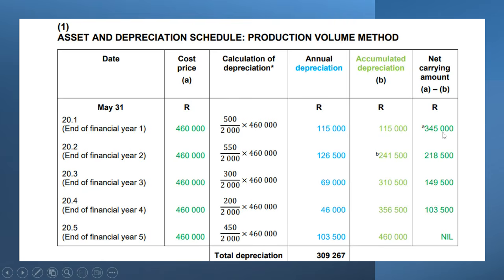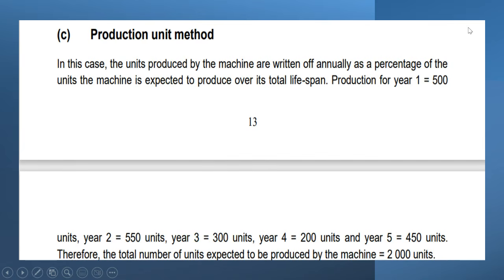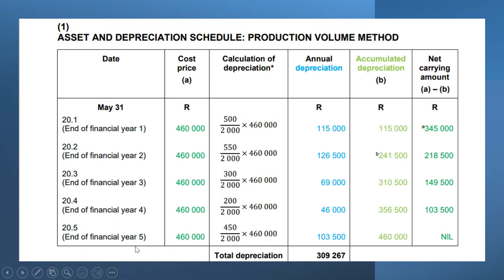Sorry, let me go back a bit. In year two, you were told that there were 550 units that were actually produced. So you say 550 divided by 2,000, then you multiply by 460,000. You get your annual depreciation of 126,500.